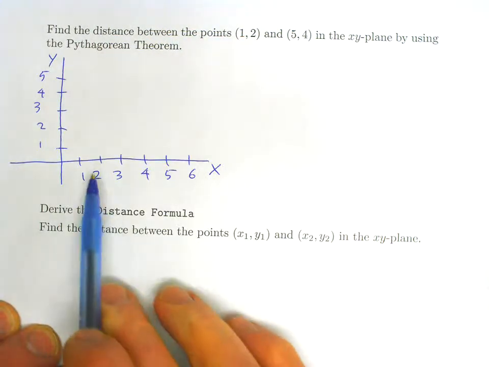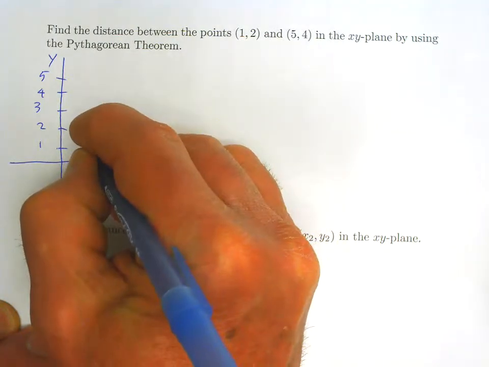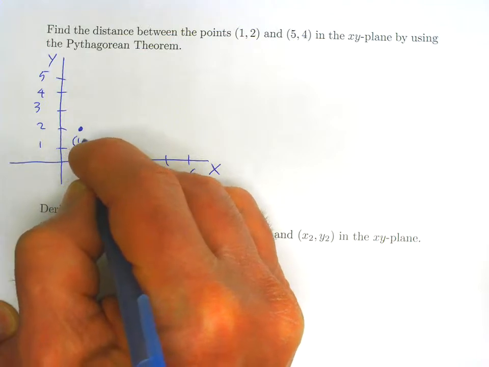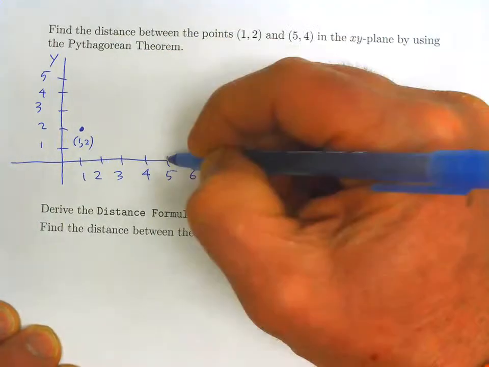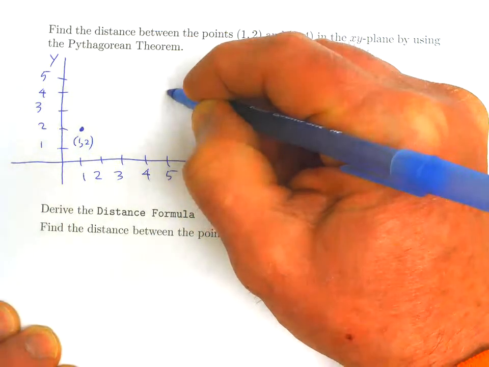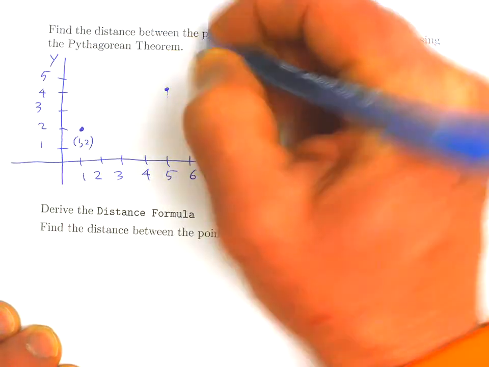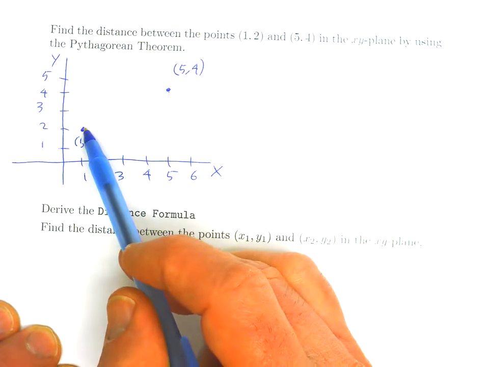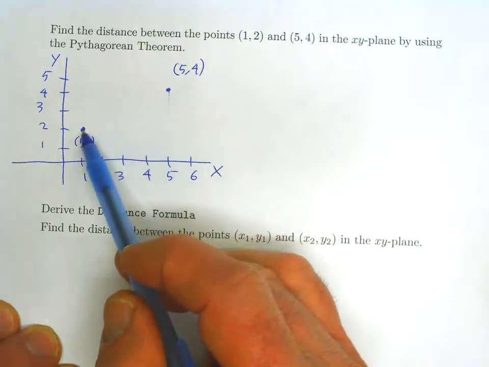Okay, so the ordered pair (1, 2) is right there, about (1, 2). And the ordered pair (5, 4) is about right here. And we want to find the distance between those 2 points.